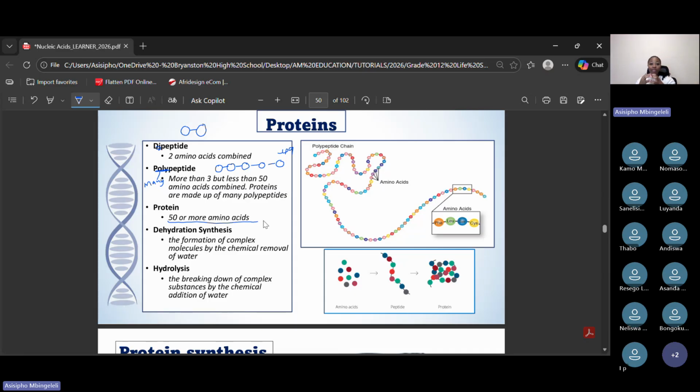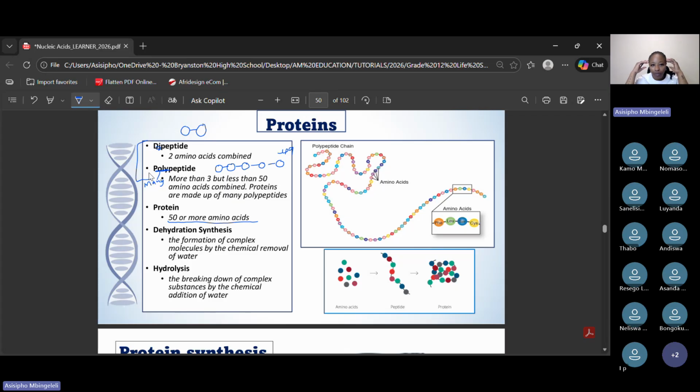So if it's just 2 amino acids, it's a dipeptide. If it has 3, 4, 10, 20, 43, 49, it's a polypeptide. Then once it has 50 amino acids bonded together, it's a protein. But like I said, these two terminologies are not really assessed or talked about in a grade 12 syllabus. In a test, they will speak about a protein being formed, but you are not going to see 50 amino acids.